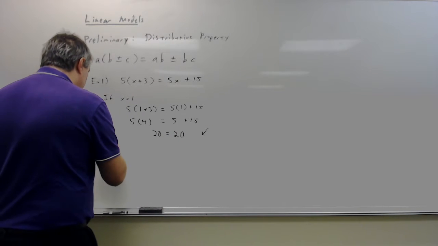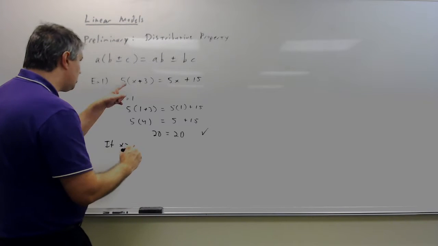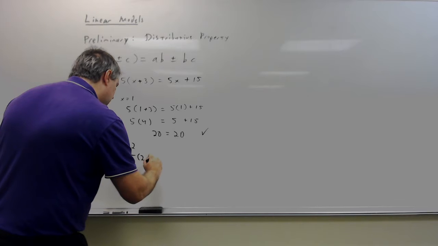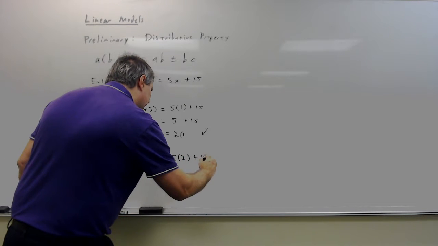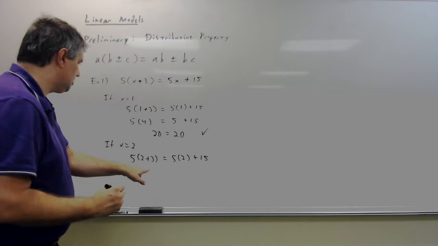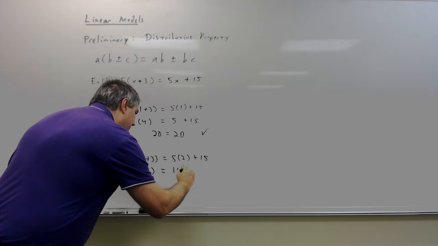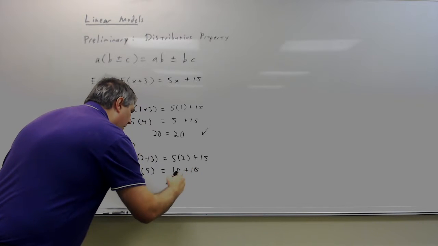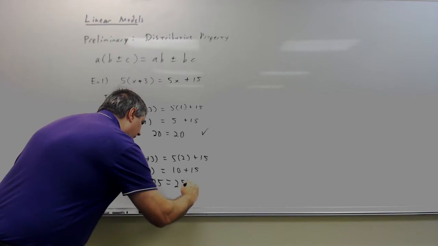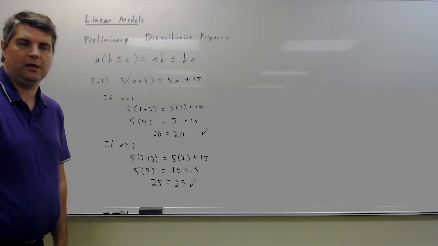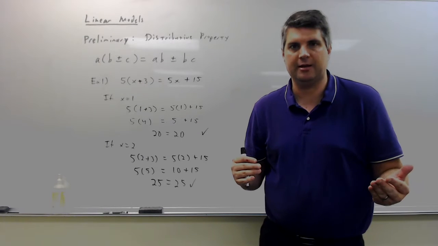If x equals 2, I have 5 times 2 plus 3 equals 5 times 2 plus 15. So that's 5 times 5. That's 10 plus 15. And 25 equals 25. Okay? So that's one of the purposes of using letters to represent numbers.